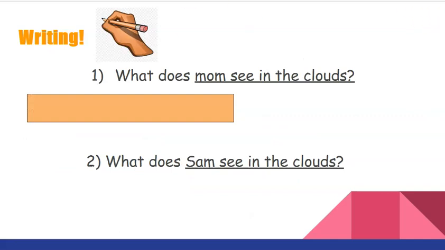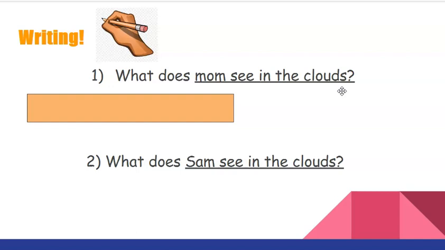We worked a little bit these last 2 weeks on how to restate the question when we're answering. So my first question is, what does Mom see in the clouds? I remember from my story, but I want to make sure that I put it into a complete sentence.